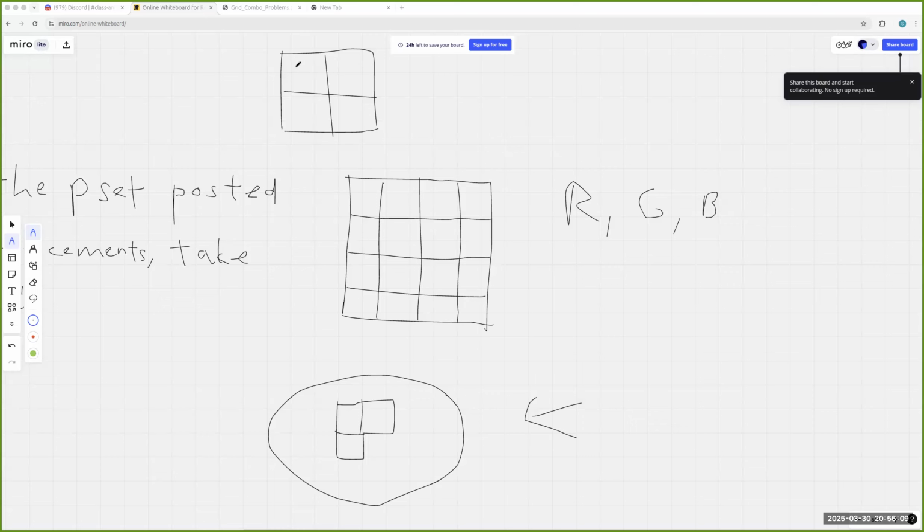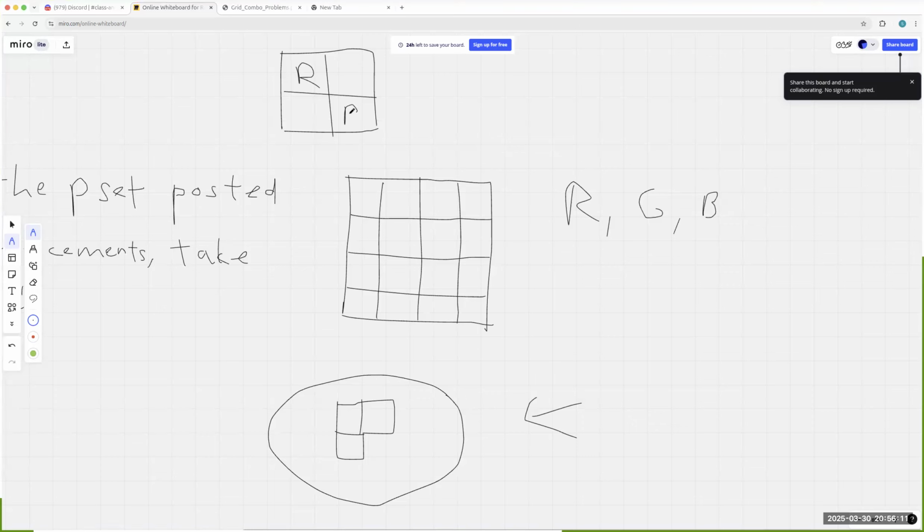So I'll give an example. Let's say you have this. Notice that in this case, there are two working L tiles, this one and this one, right? There's another case, and that would be when the two that are the same color are next to each other.